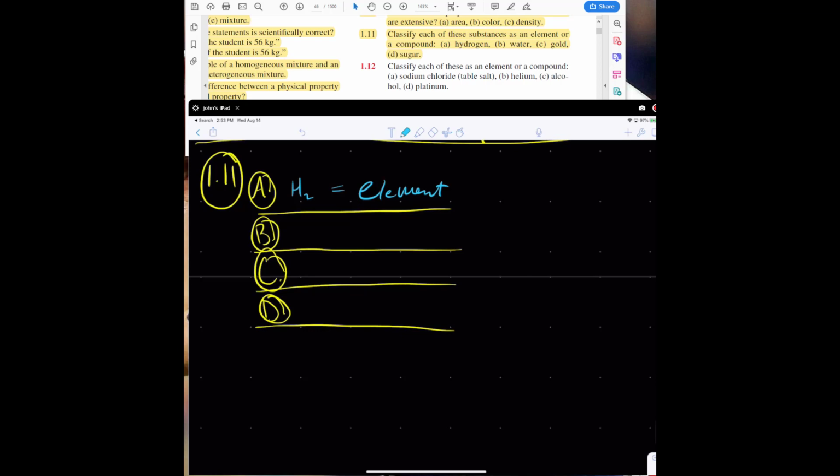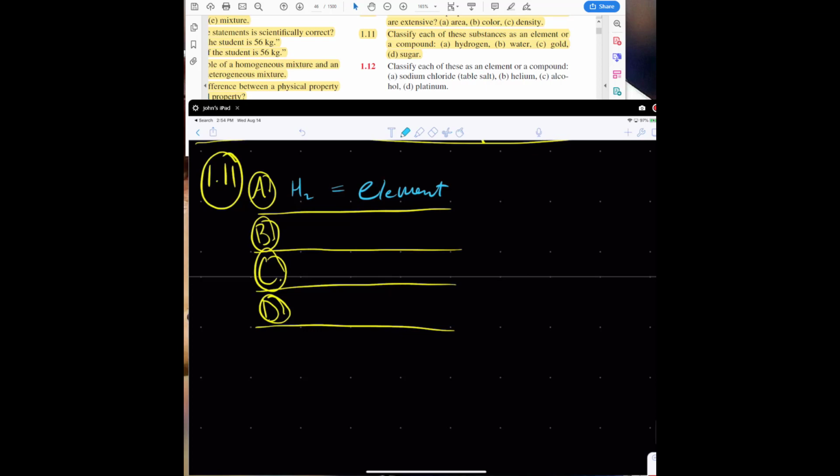Compounds are formed by the combination of atoms. So what does that mean for this? Substances have both unique chemical and physical properties that can be observed. But we're talking about elements or compounds here.